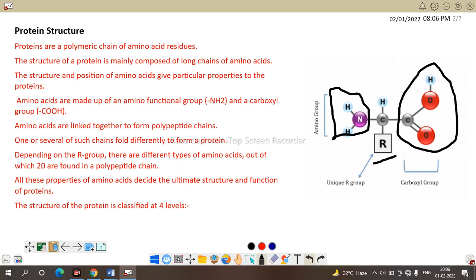All these properties of amino acids decide the ultimate structure and function of a protein. The structure of a protein is classified into four levels: primary, secondary, tertiary and quaternary. So let's discuss one by one the primary, secondary, tertiary and quaternary structures.